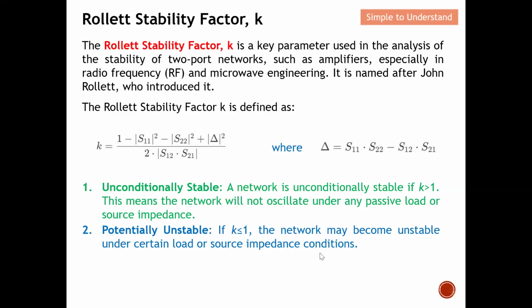We need to specify the condition. When K is equal to 1 or less than 1, as I mentioned earlier, this is classified as potentially unstable, which means that the design can be unstable under certain load or source impedance conditions.